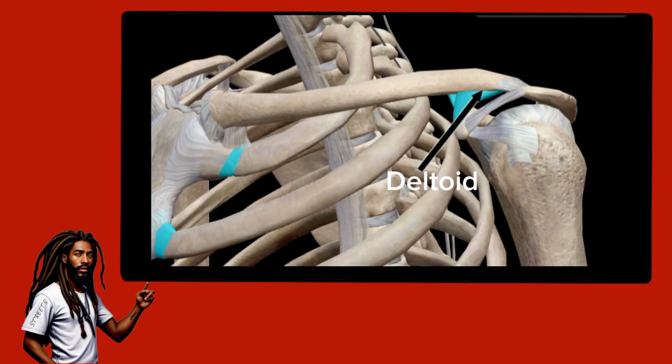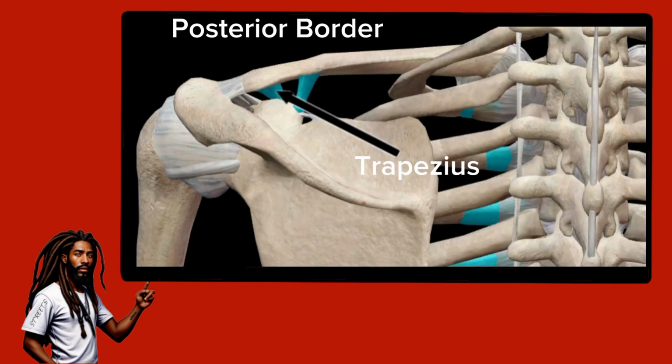Then we also have the anterior and posterior borders, where the deltoid muscle is inserting along the anterior border, and the trapezius muscle is inserting along the posterior border. Now in the medial two-third, we have four surfaces rather than the normal two surfaces and two borders we get in the lateral one-third.